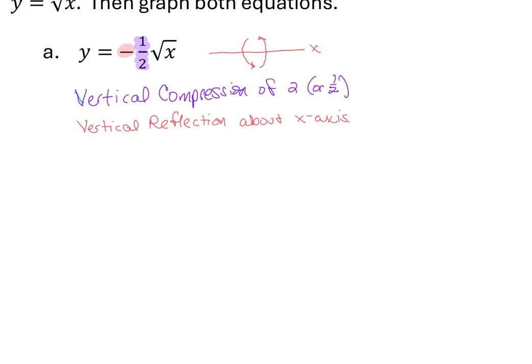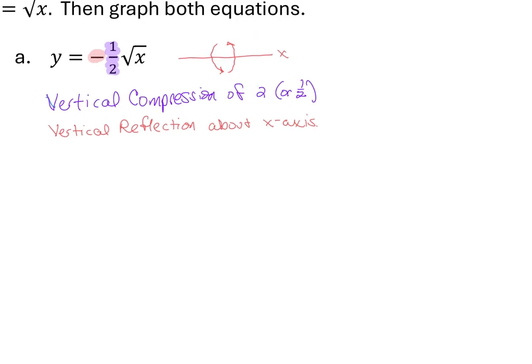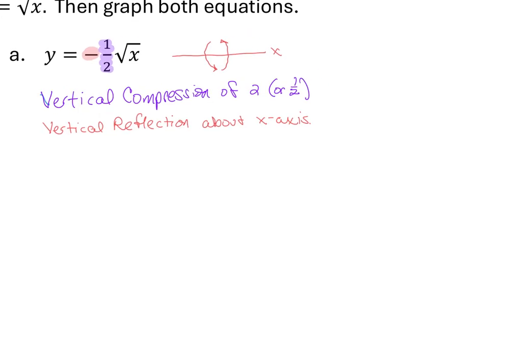Okay, so now let's go ahead and create our tables. We're going to start with our basic table for square root of x. And remember that with this we go 0, 1, and 4. And when we take the square root of each of these numbers, we get 0, 1, and 2.